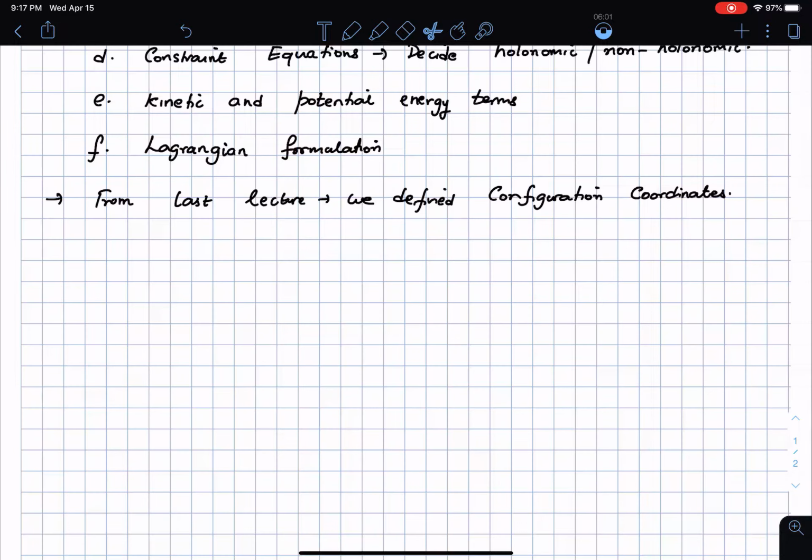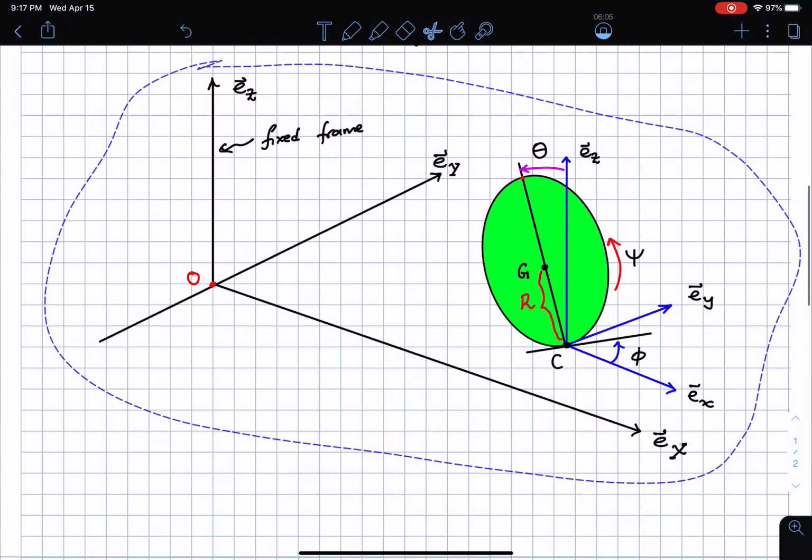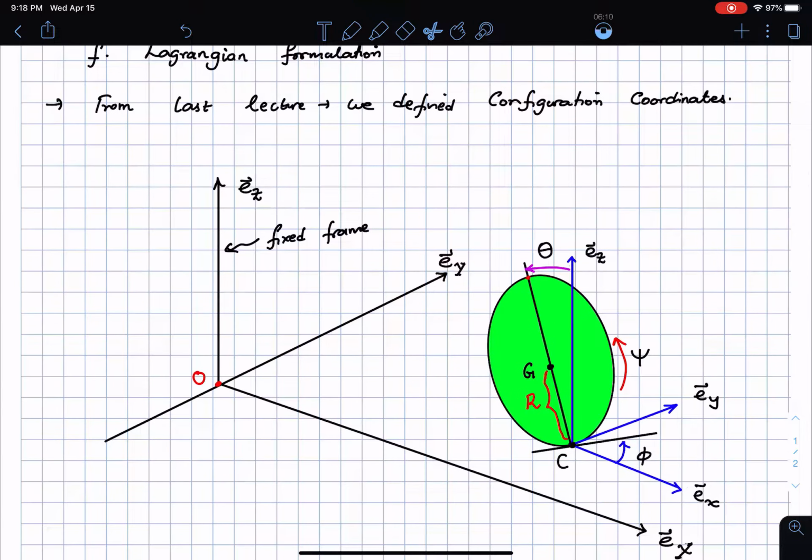Here is a figure that I used in the last class. I think it should fit into one page here. So this is the situation, and then we said that G is the center of mass of the coin.